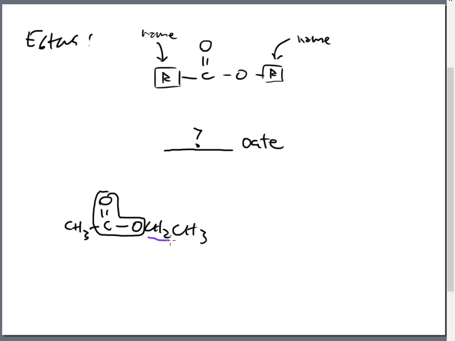So that means we have to name that piece. That 2-carbon chain is directly attached to the oxygen. Notice on the other side, this piece is connected to the carbon of the carbonyl. We do not name that first.